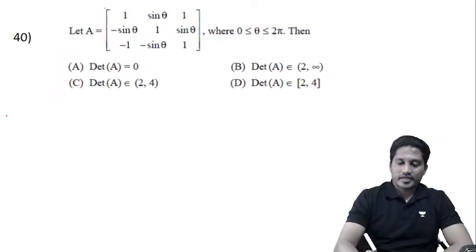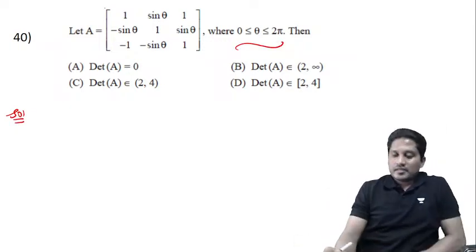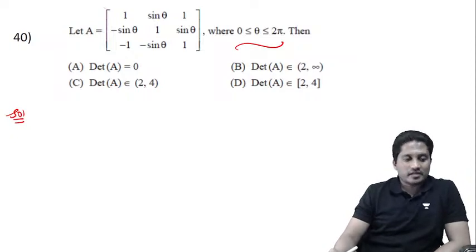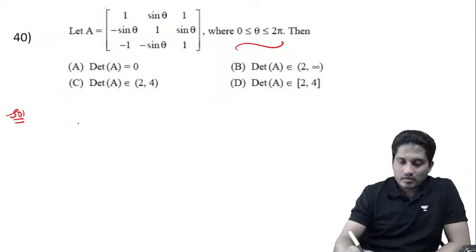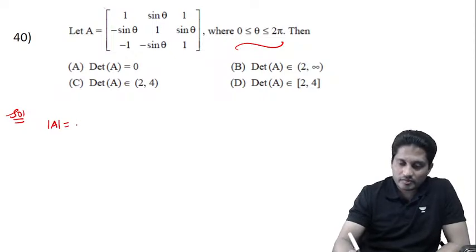Okay, question number 40. It's given in the question that theta lies between 0 and 2 pi. Then what is the range of det A? Now determinant A is equal to, delete first row first column, you get 1 plus sine square, right?